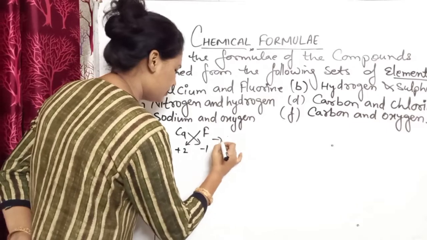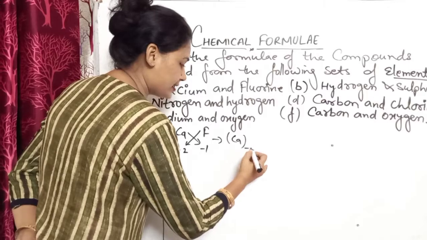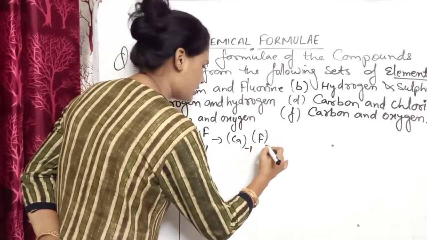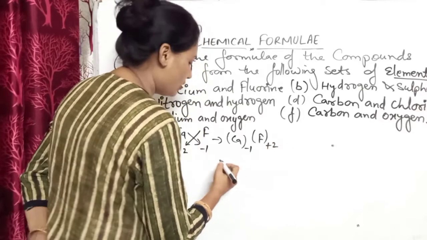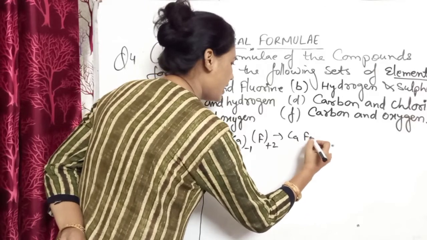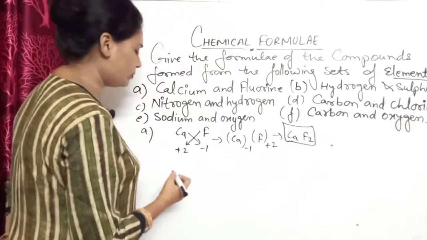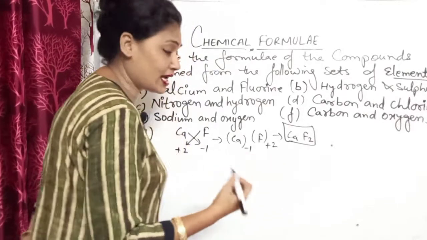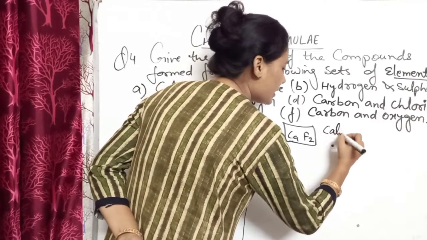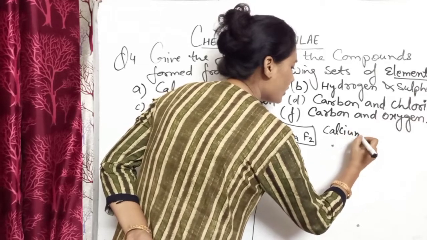You will get Ca with subscript 1, and F with subscript 2. Now our formula becomes CaF2. So this is the formula of calcium fluoride. Okay, if somebody asks the name of the compound, the chemical name or molecular name, then it is calcium fluoride.